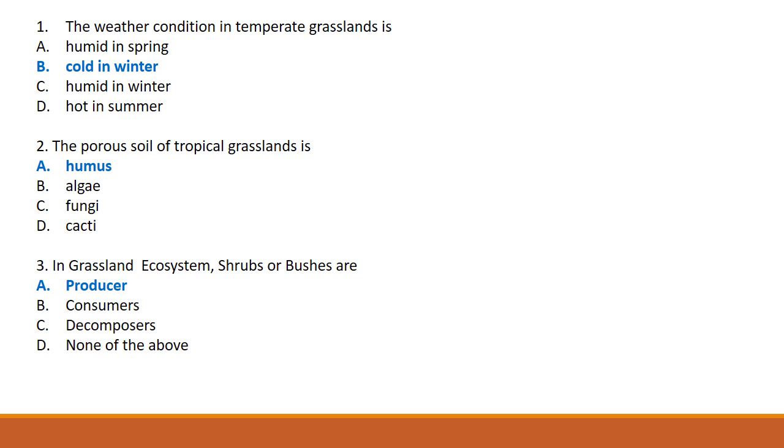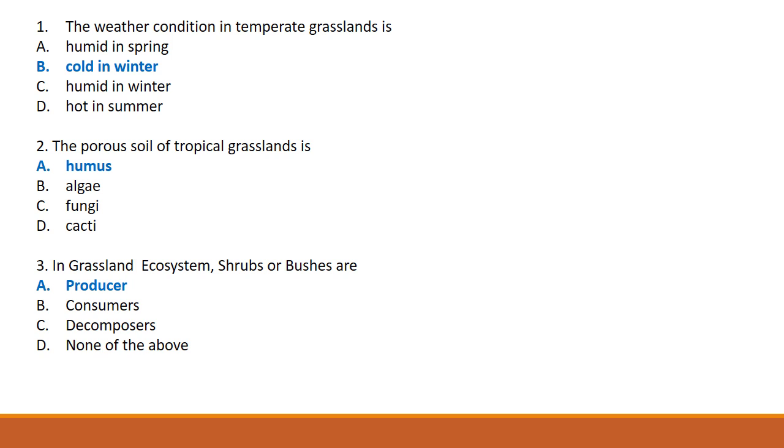The second multiple choice question is the porous soil of tropical grassland is A. Humus, B. Algae, C. Fungi, D. Cacti. The answer is humus, as the soil in tropical grassland is fertile.